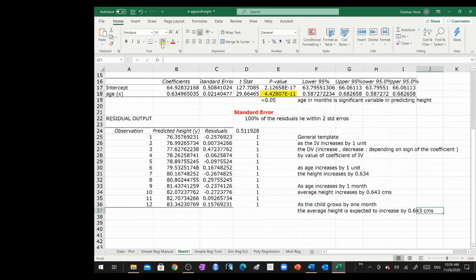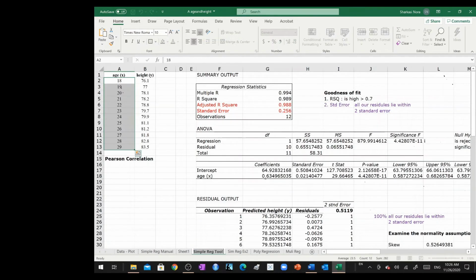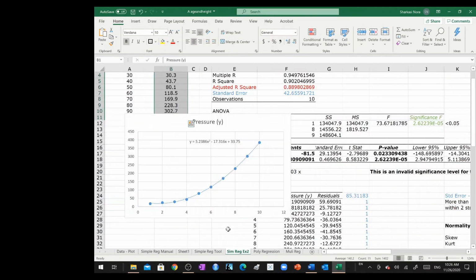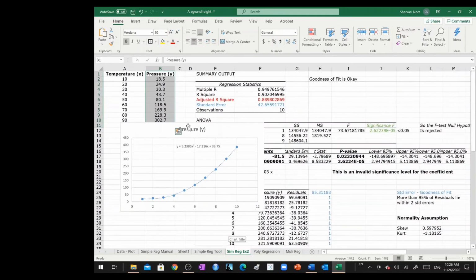And this is what I really would like you guys to train to write. Yeah, more natural language, isn't it? So as the child grows by 1 month, the average height is expected to increase by the value of the coefficient. Okay, now let's talk about the last topic for today, I hope.